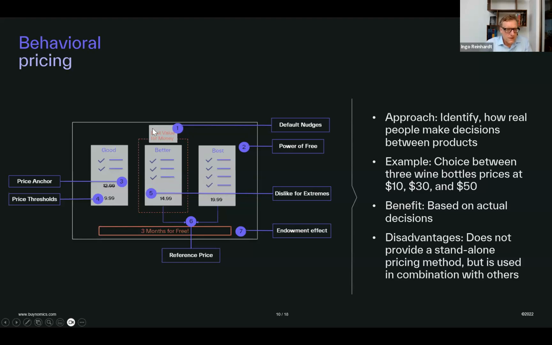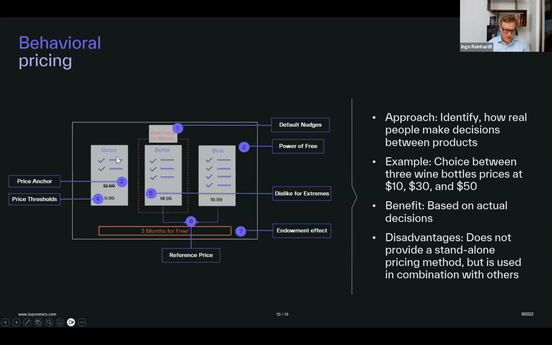Also, it can be very impressively shown with research that if you show something like best value for money here in the middle and you highlight a product, this also steers customers towards a certain product. And this is typically easier to do or more successful if it's difficult for customers to really assess the value of the products.